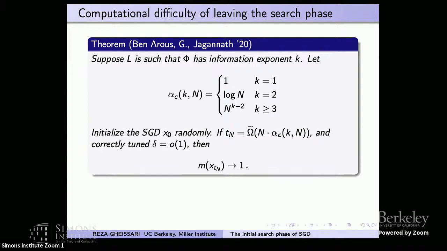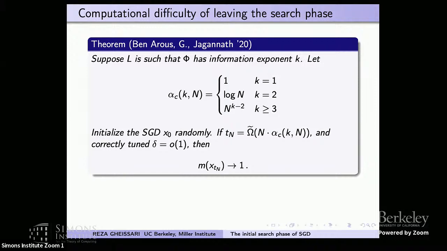When k equals 1, linear time is enough, as I said, because there's no slowdown at the initialization. When k equals 2, it's logarithmic, which you maybe guess from a matrix PCA intuition. It takes n log n time to get to the true eigenvector. And when k is at least 3, you have this polynomial slowdown. So when k is at least 3, this becomes polynomially large.